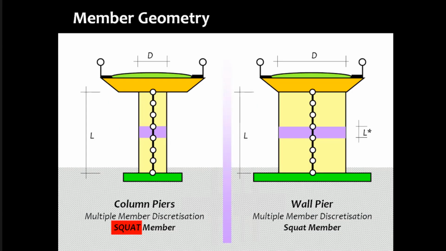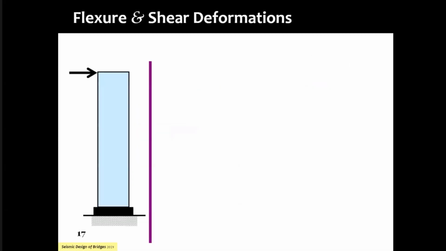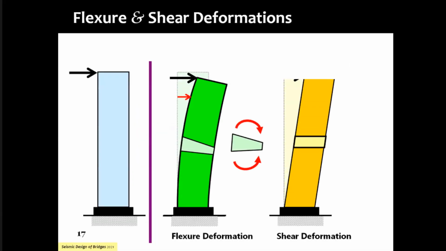Another important area which is often neglected by designers is the matter of slender versus squat members. Many a time we use a stick model and we forget to switch on the shear deformation parameter. I pray that you understand the difference between shear deformation and flexure deformation.